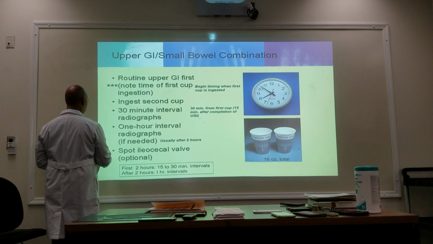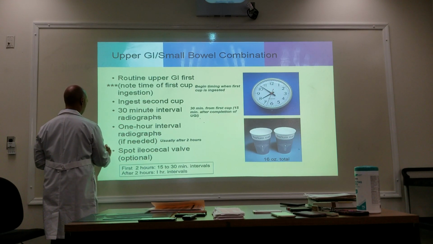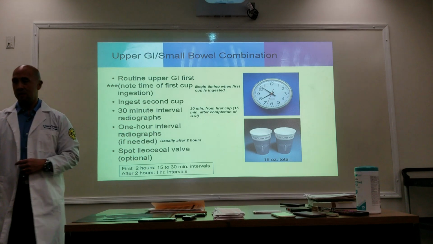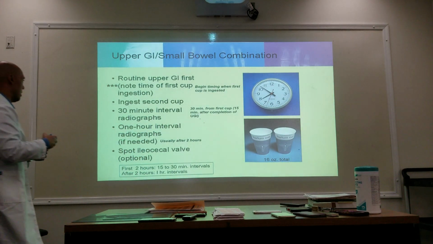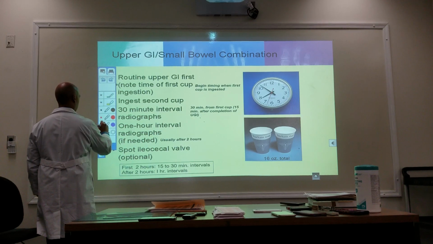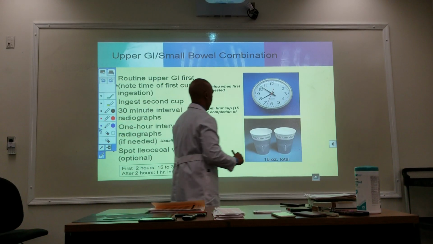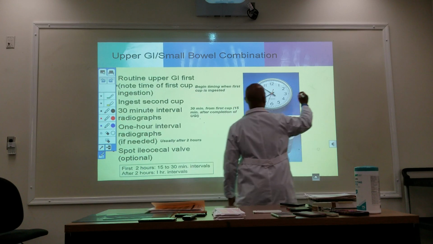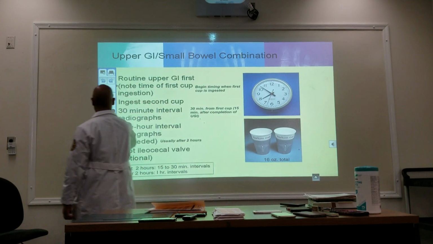So, let me see if I can write this down. So the way this works here is that, all right. So in upper GI, I'm going to write on top of the clock.